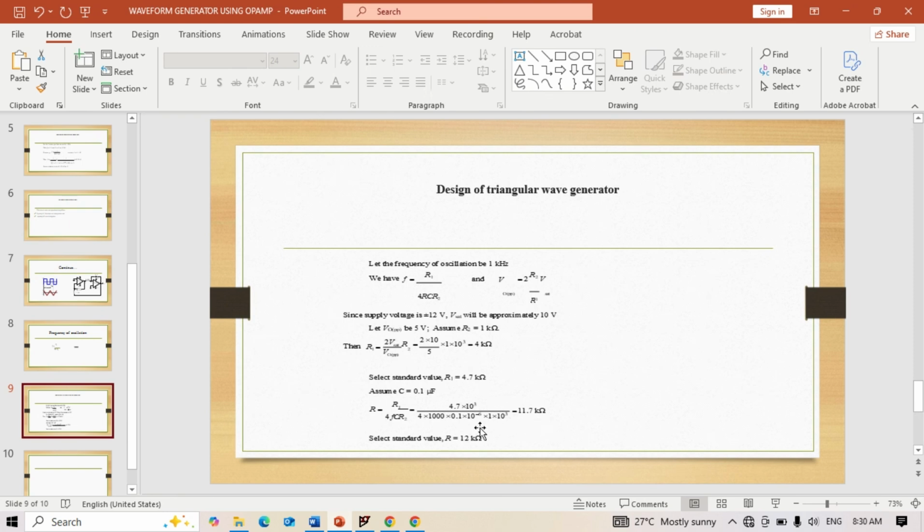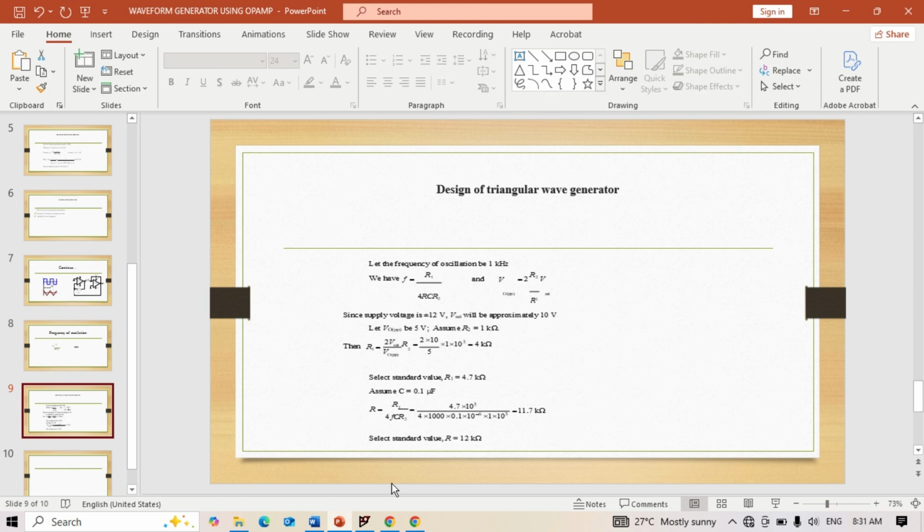That is so close to the standard resistor value 12K. Good. And we'll build a simple circuit in LTspice to check the triangular wave generation.